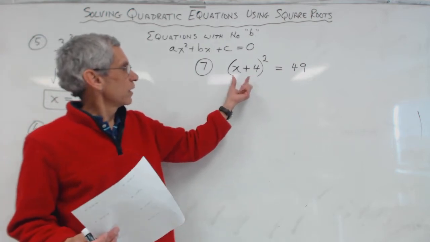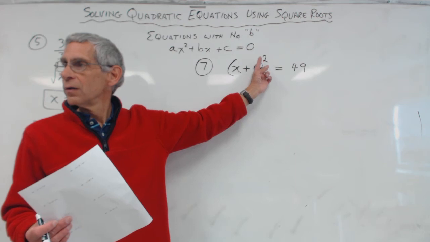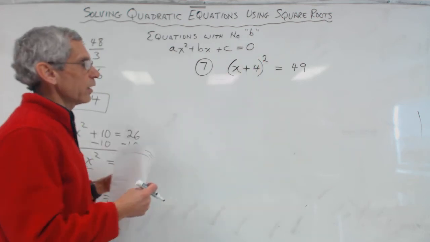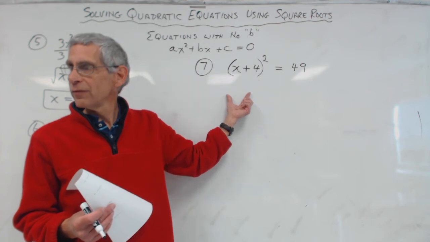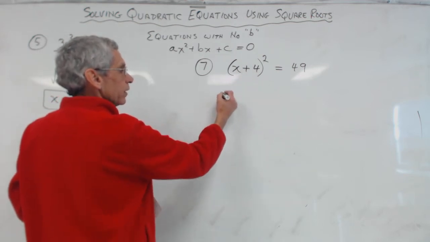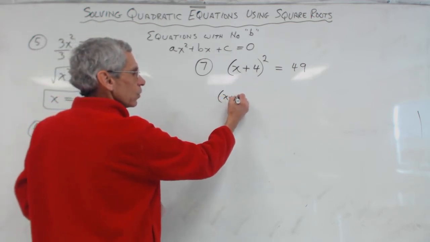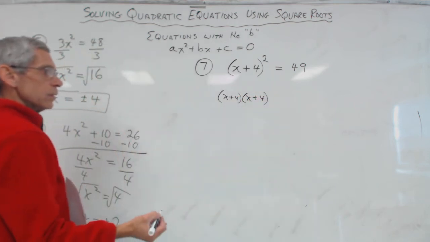It looks confusing, but look, notice this blob is being squared, right? When I square root this blob, all I would have left is x plus 4. Because really, think about it. What is x plus 4 squared? That is x plus 4 times x plus 4. Do you guys agree with me?